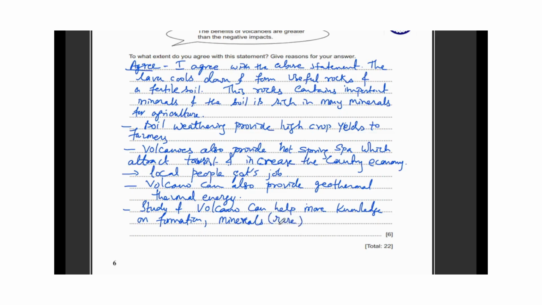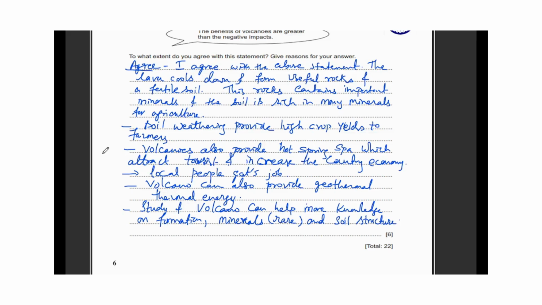And help more knowledge on formation of volcano, minerals and soil structure. This is what. So we have 6 points where we can agree with the statement and support that particular statement.